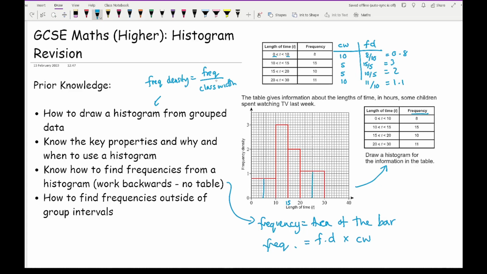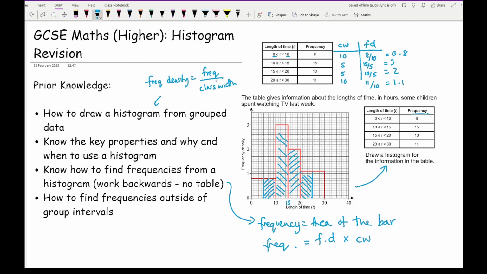So what you then need to do is work out the area of this section here, then the area of the complete second bar, then the third bar, then this bit here. So I've got to work out the area of all of those four sections if I want to know the estimate of the frequencies between 5 and 25.